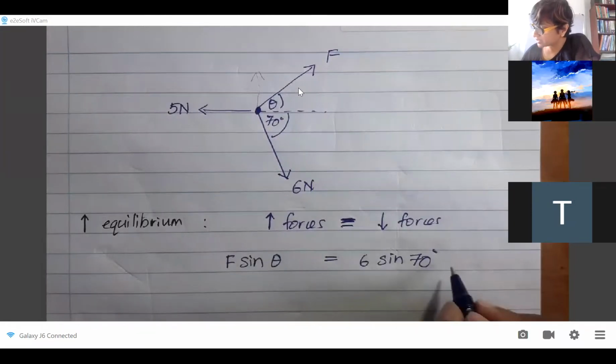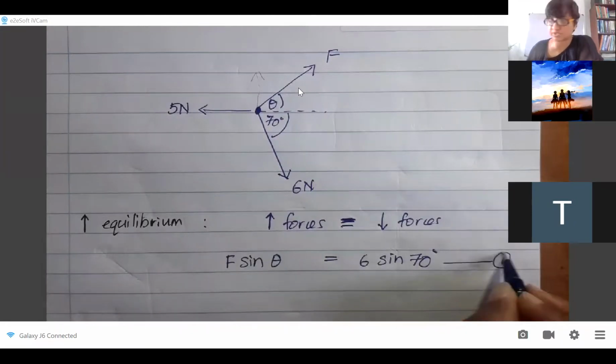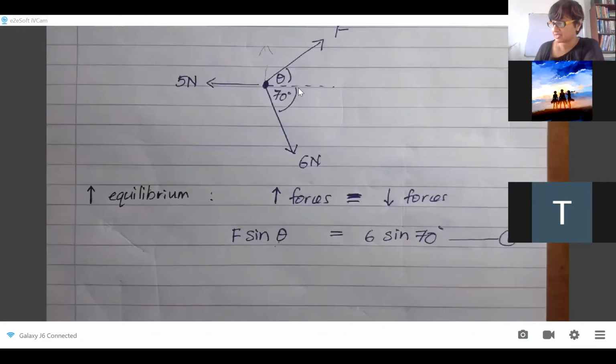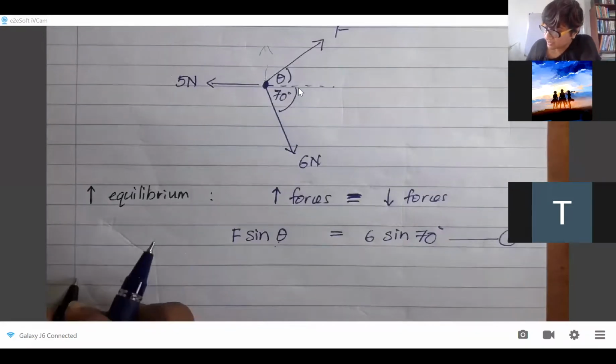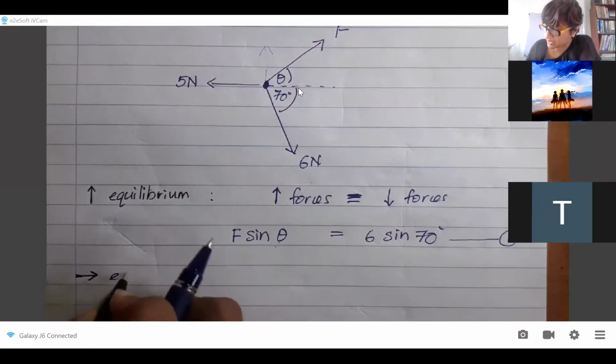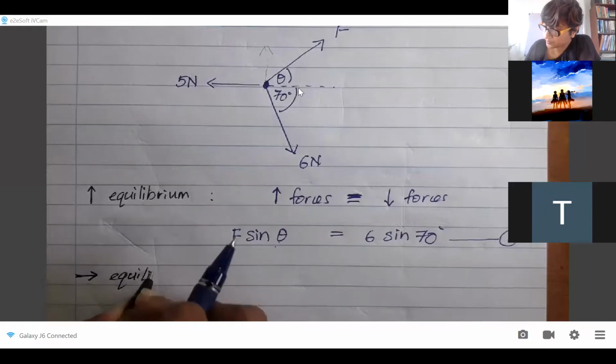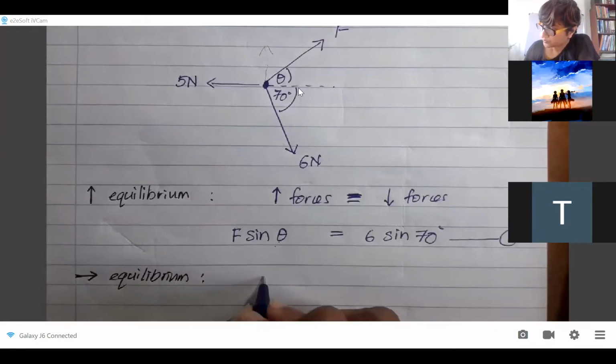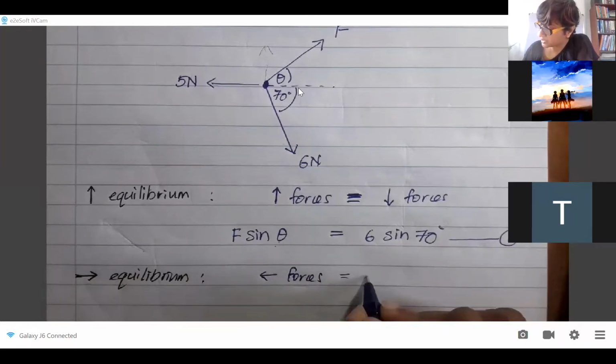You get one equation from that. Now this equation has two unknowns, F and theta. So you need another equation to solve and find F and theta. So let's consider horizontal equilibrium. You can put an arrow in any direction. This means horizontal equilibrium. There you can do leftward forces equal rightward forces.